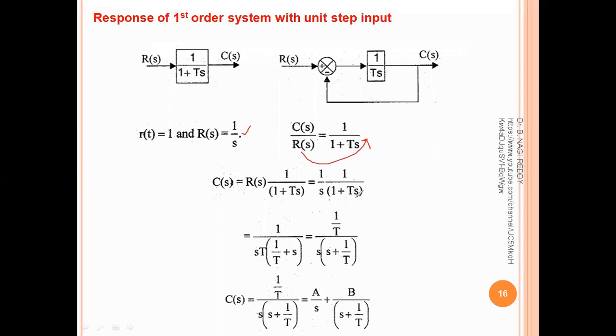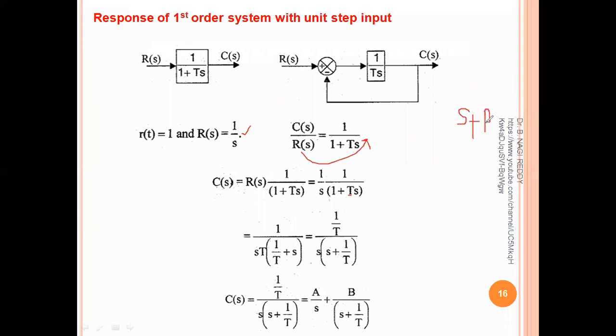Now you can see here, always we want to write the transfer function in the form of s plus some constant. But here it is having ts. So what shall we do? We take the t as common, because while determining the poles, we need to write s plus constant form only.